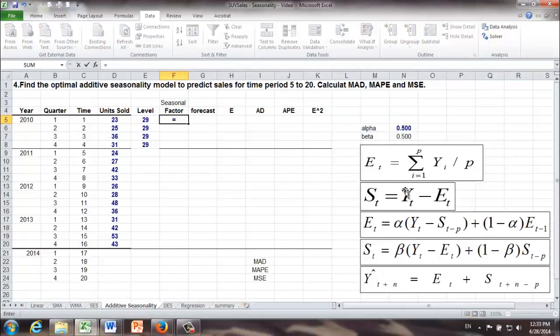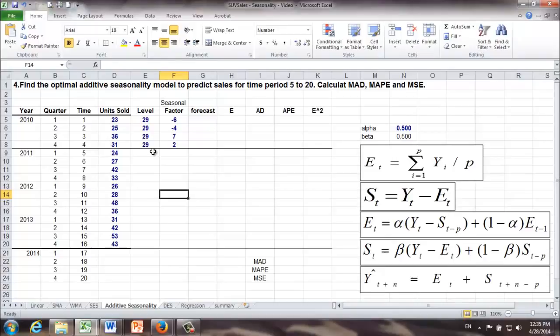The first one will be equal to the actual sales in time period 1 minus the level of time period 1. And we can do the same for time periods 2, 3, and 4 similarly. All right, that's the initialization of the additive seasonality model.